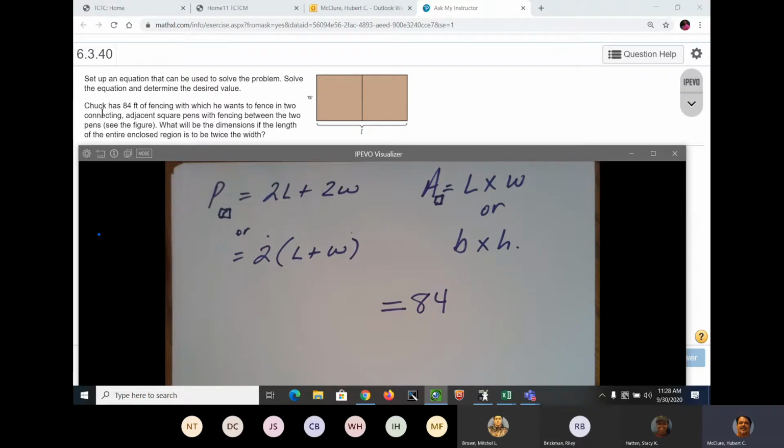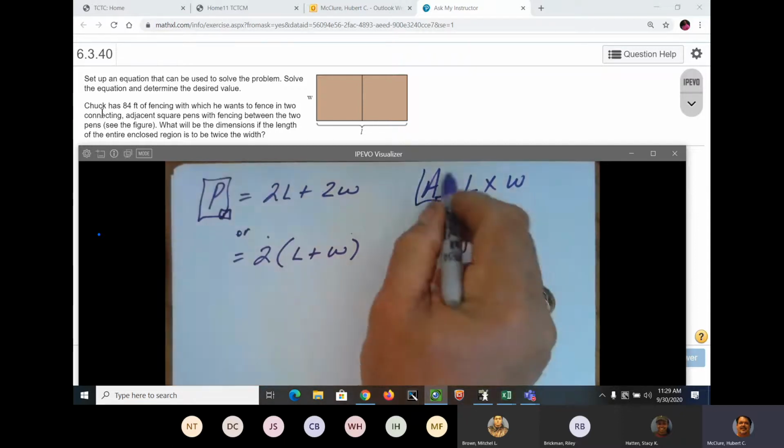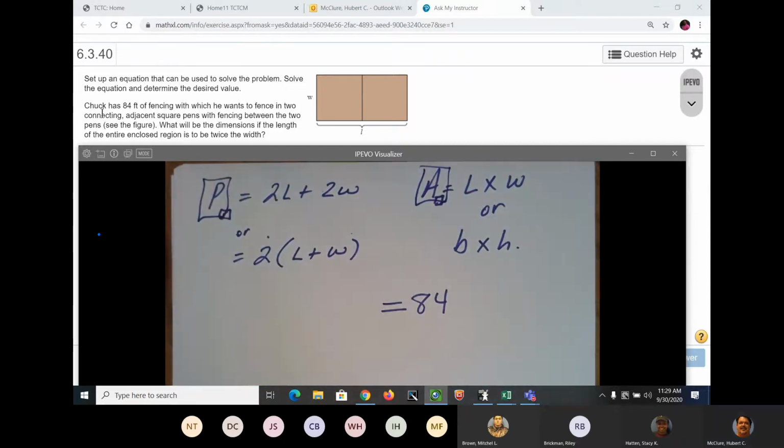So the only thing right of the equal sign would be 84. Fencing, is a fence a perimeter or a fence area? What is a fence? A perimeter? It would be perimeter, because a fence goes on the outside of the property.